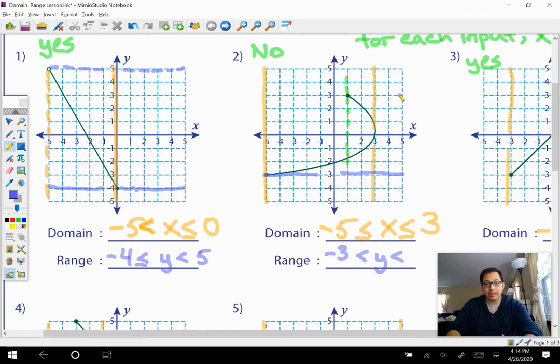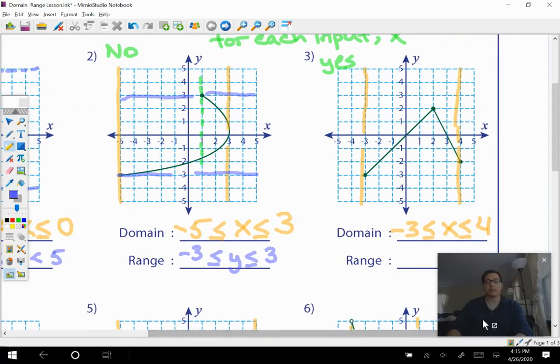Oh, looks like +3. y goes from -3 to +3. And are they both closed? Yeah, they are. So let me close these here. And that's the range of y values for this graph.